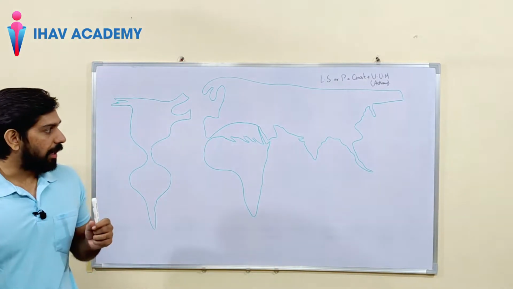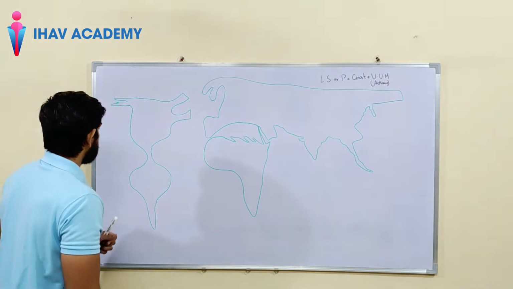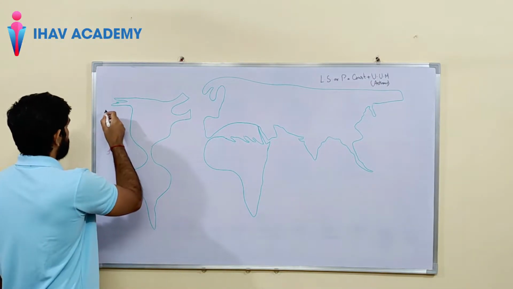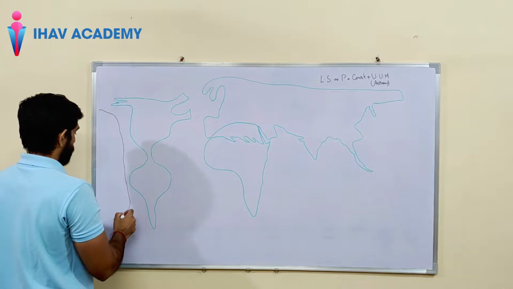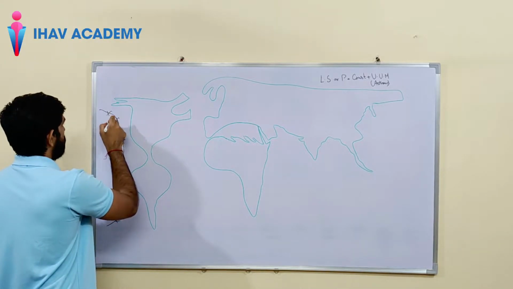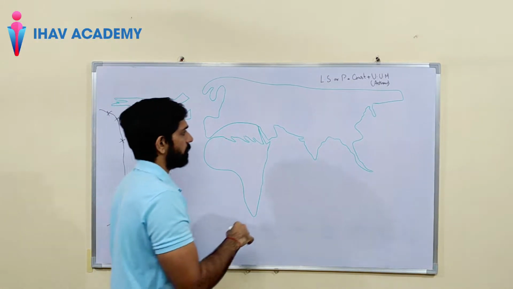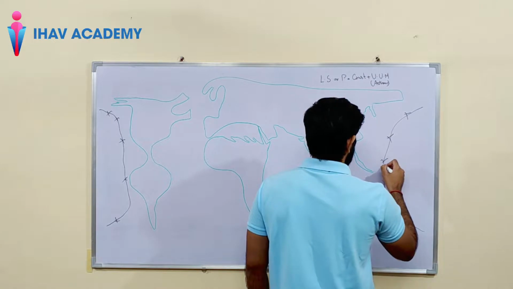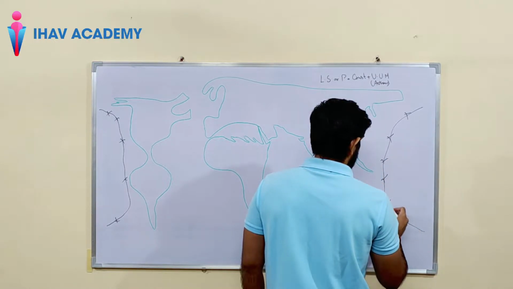If I count the major plates for you, the first is this Pacific plate. If you have an atlas in your hands, please see the end pages of the atlas.